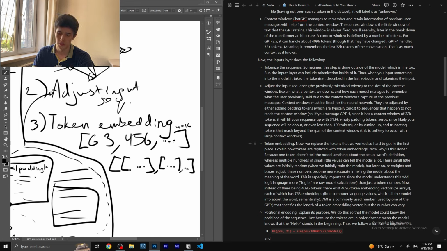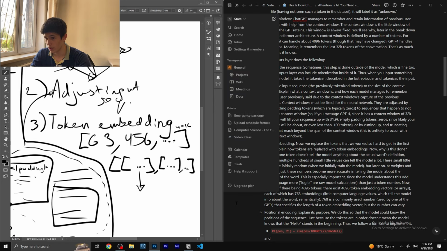Most commonly there are 768 of these values, a number you'll see often, but it's not fixed. Different models may differ; I think GPT-4 had multiple thousand, though I'm not completely sure. Either way, the token embedding is very dense, with a lot of values, so that the model can understand what is going on.